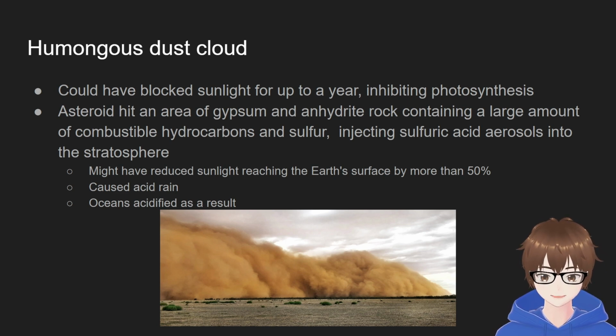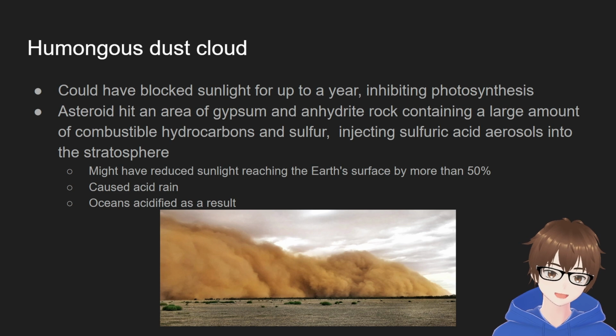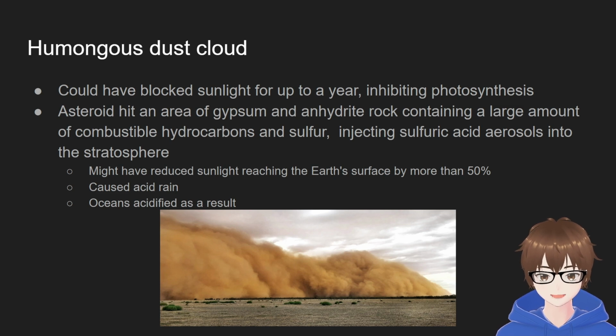The dust cloud that was made could have blocked sunlight for up to a year, which would have inhibited photosynthesis and caused most of the plants to die. But not only did it take up the earth, there was also an area of gypsum and anhydrite rock, which contains a lot of hydrocarbons and sulfur.